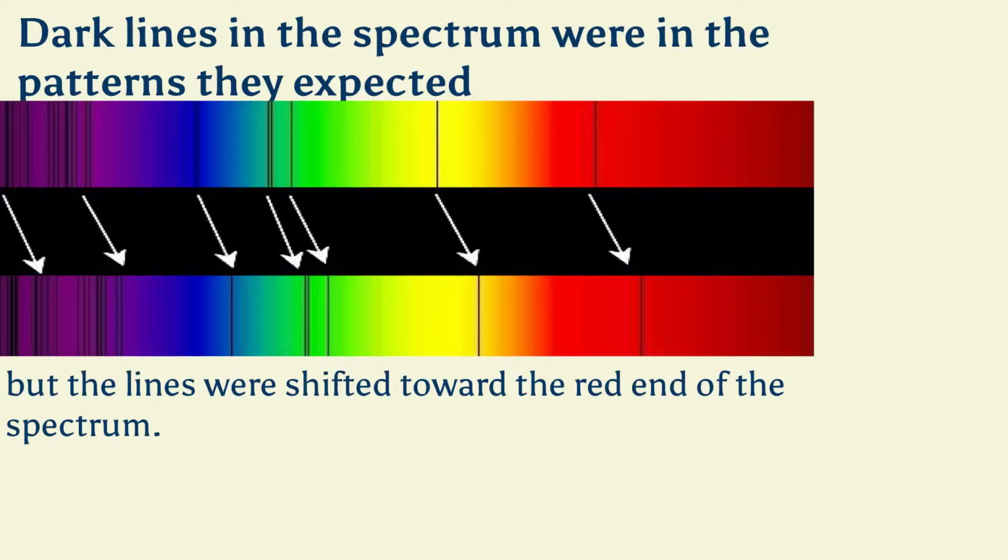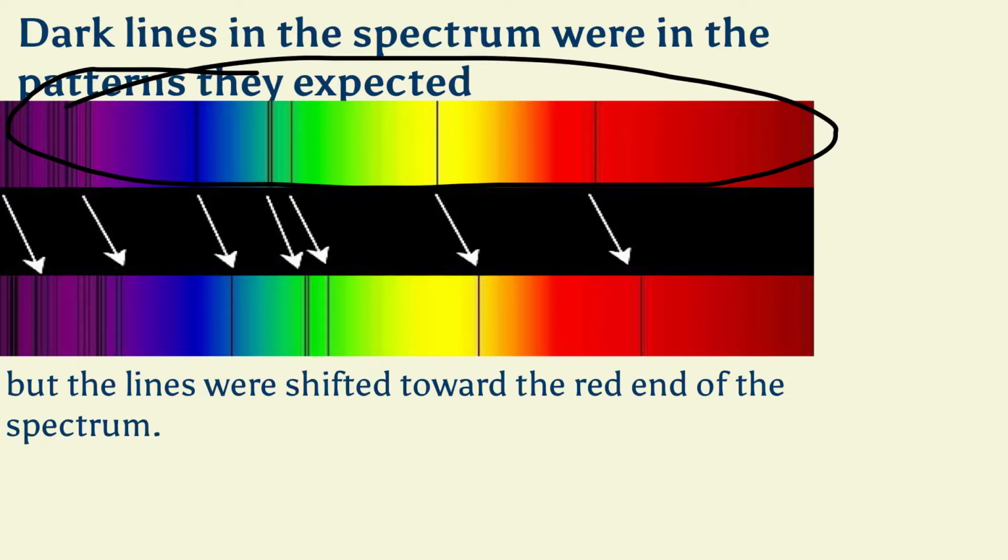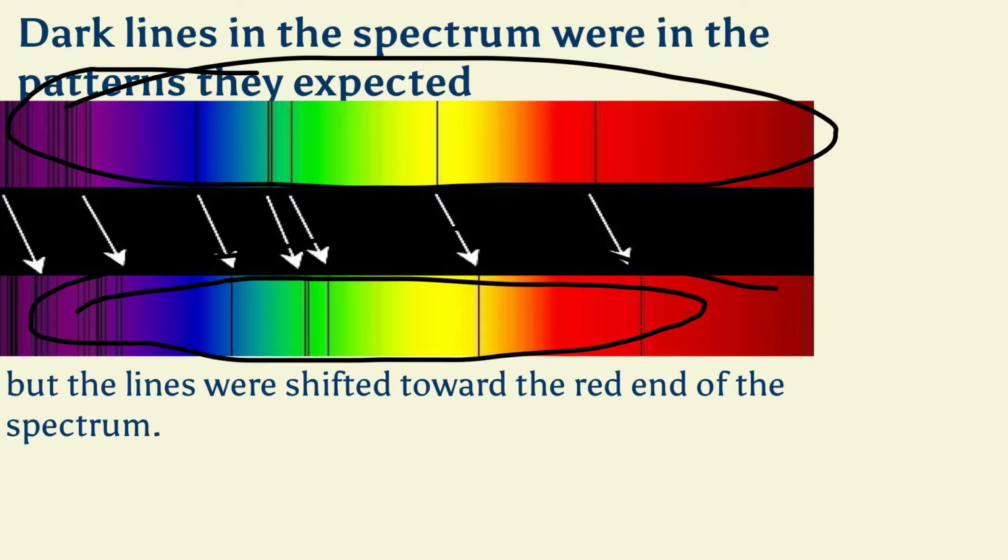While studying the spectrum of light from distant galaxies, astronomers noticed something very strange. The dark lines in the spectrum were in the patterns that they expected, these ones on top, but they were shifted toward the red end of the spectrum. So same pattern, but it's shifted.